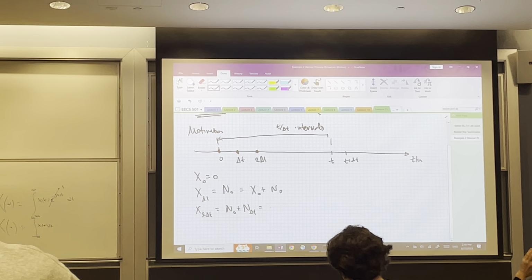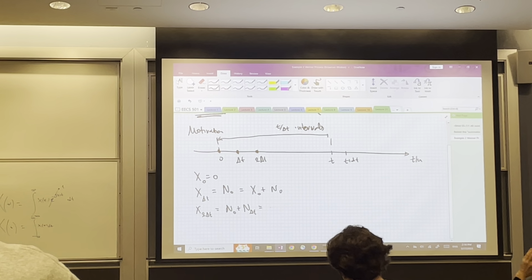Sigma squared delta t gives me sigma squared t. And now you see why, as we said, the variance of this process increases linearly with time as time goes by. Okay? Because it's the accumulation of all these independent, infinitesimal steps up to time t. Okay?